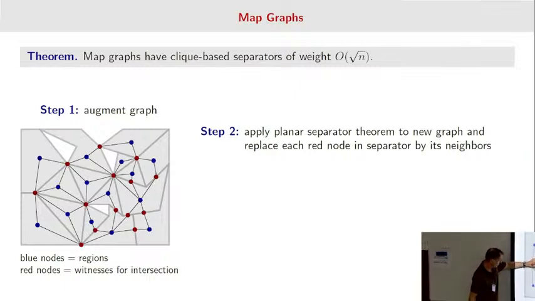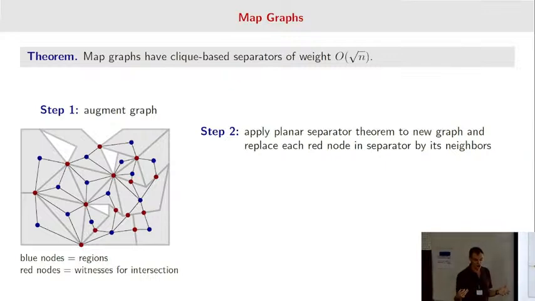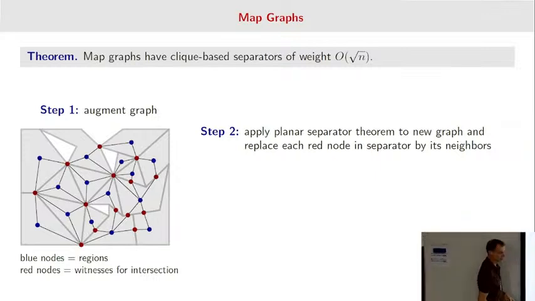What I do is, the easy thing is I would say, okay, take my objects, the faces of my map graph, so those are the blue nodes. And now I pick a set of red nodes that are witnesses for the intersections. For instance, these 2 regions are touching.